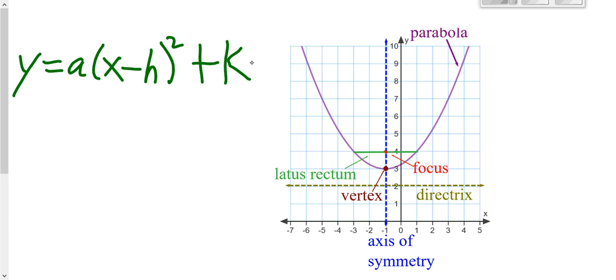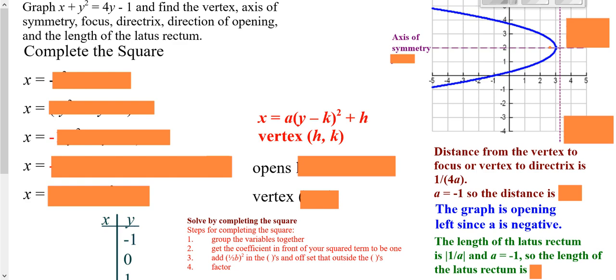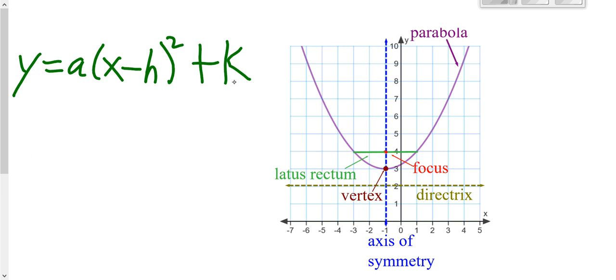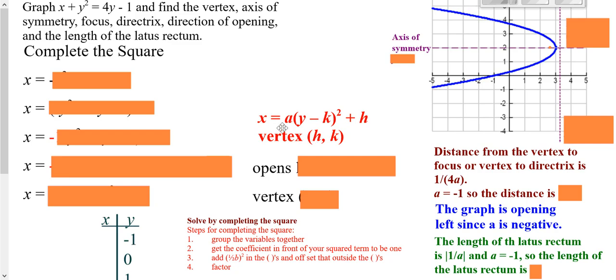This is the form that you're used to seeing in the past. So if it's y equals, it opens up and down in the y direction. If it's x equals like we have here, it opens in the x direction. Now, h and k is your center. Notice when you switch to the x equals, the h and the k switch spots. So just be aware of that.